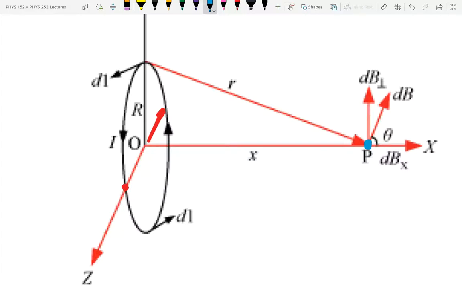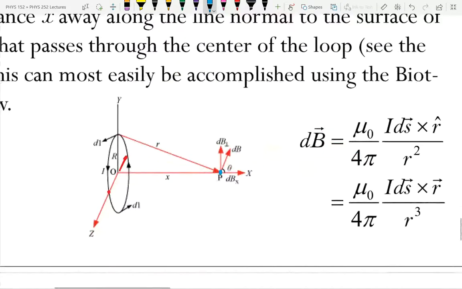Now remember, dB is a vector. And so my picture already has things broken up, although I don't have the length of my vector arrows very well placed. So start with our equation and get the direction, because the direction we'll do separately from the magnitude.